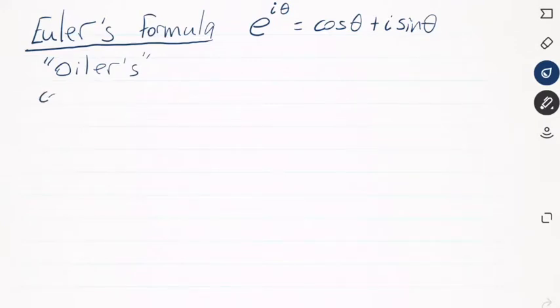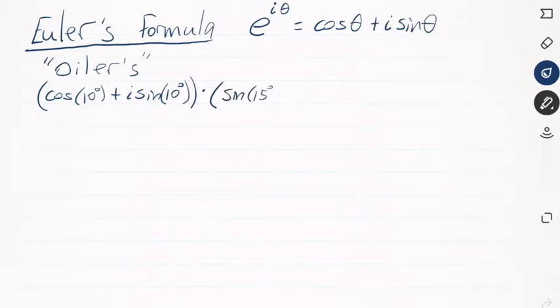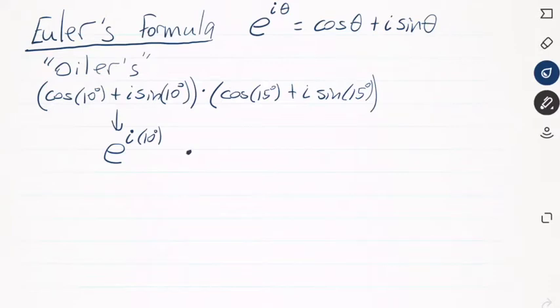For instance, if we go back to cosine of 10 degrees plus i sine of 10 degrees, and we multiply that by cosine of 15 degrees plus i sine of 15 degrees, and change both of them into Euler's form, then the first one is going to become e to the i 10 degrees, and the second one is going to become e to the i 15 degrees.